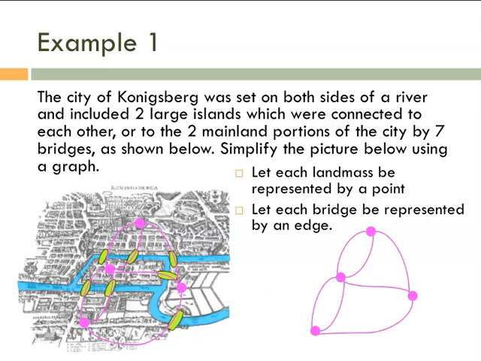So when we draw graphs, you don't necessarily have to draw straight lines. The important thing is that it's clear from which point to which point that edge connects. It doesn't matter if it's a straight line, it doesn't matter if it's curved. Try not to make it both straight and curved. That way it can get confusing.